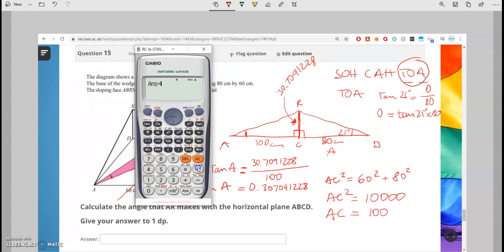So dividing this by 100 gives us this. So if we store it as the answer, we can work out the angle.